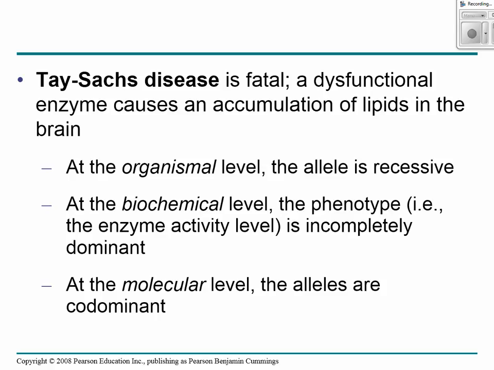At the biochemical level, the phenotype, whether the enzyme is going to really break down the fat, is incomplete dominance, because both things could be occurring. At the molecular level, the alleles are codominant, where they're both working.